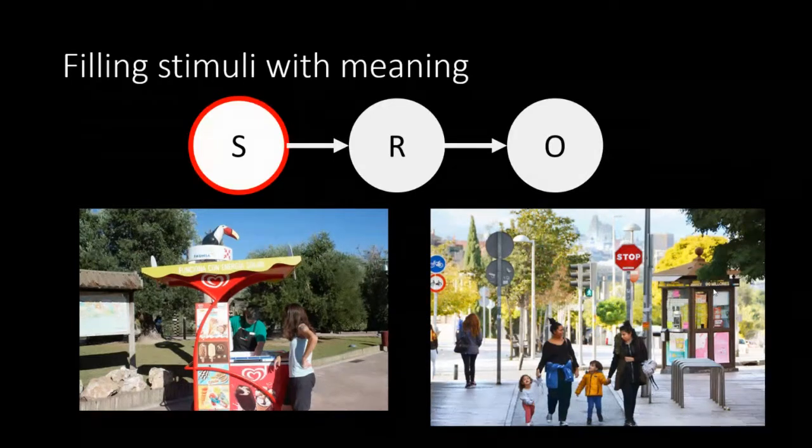And this important meaning has been acquired mostly through reinforcement learning. So it's interesting to see how these meanings, how this information, are learned.